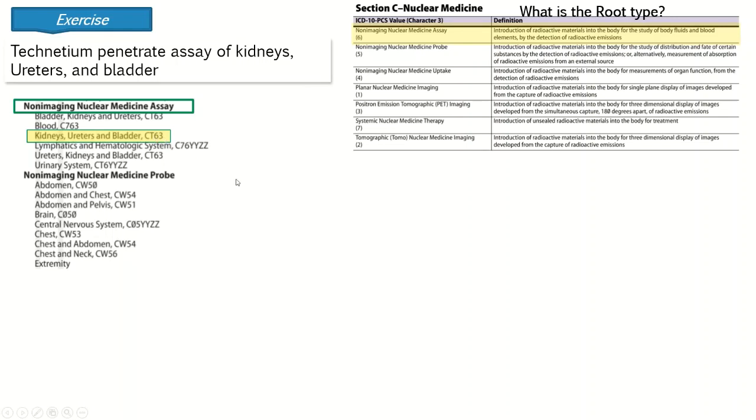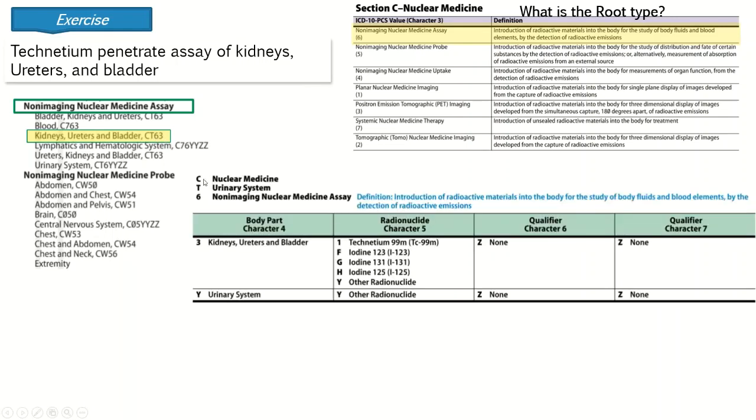It's time to look for that corresponding table. CT6, this is nuclear medicine, urinary system. Non-imaging nuclear medicine assay definition: introduction of radioactive materials into the body for the study of body fluids and blood elements by the detection of radioactive emissions. That sounds about right. Our code says that our fourth character is a 3, and I agree.